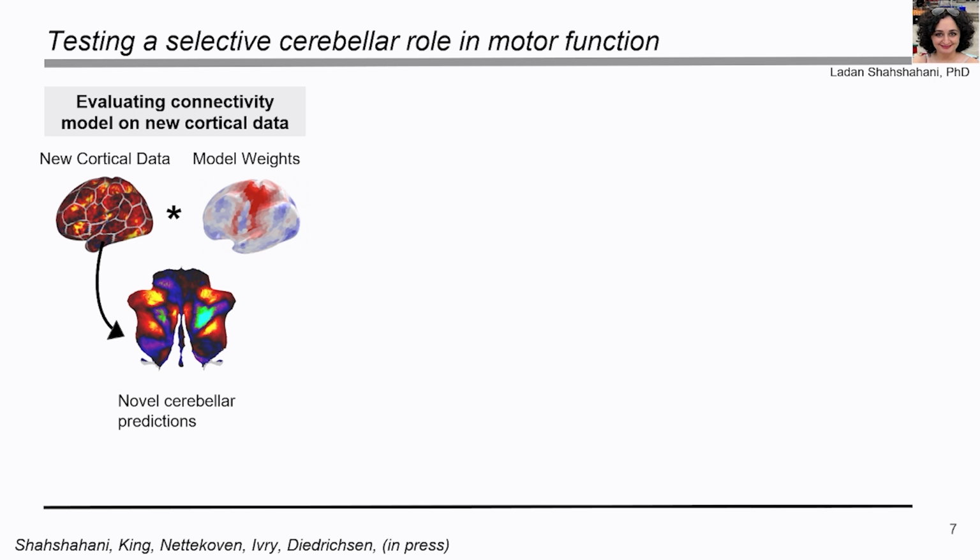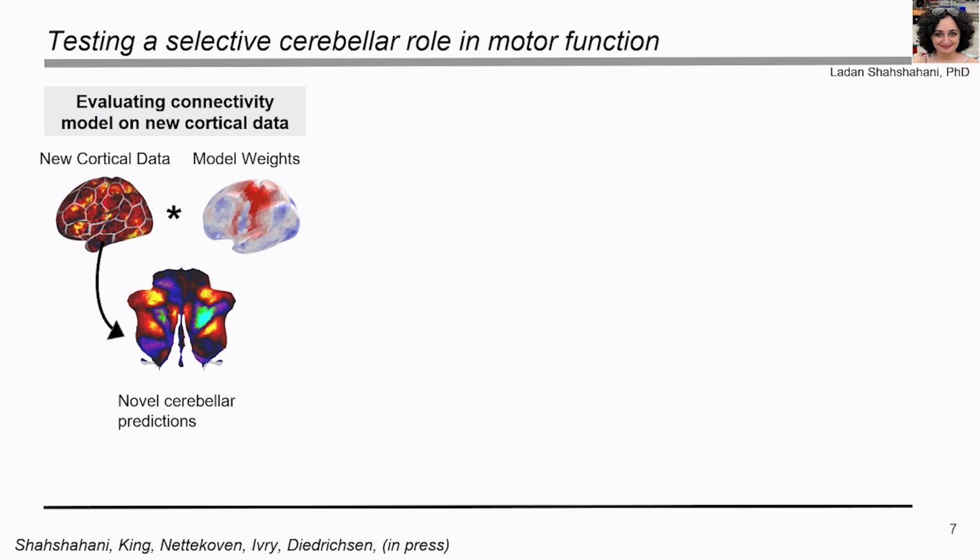And so the advantage now of having a falsifiable model like this is that we can now test functional theories of the cerebellum, and this was great work that was done by Ladd and Shoshani, who took this model, so took these connectivity weights and evaluated new cerebellar data.